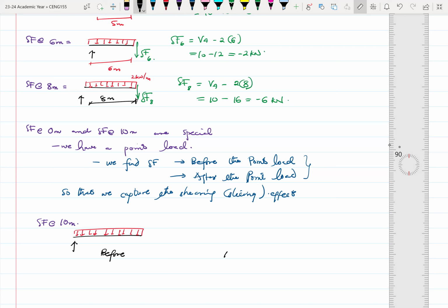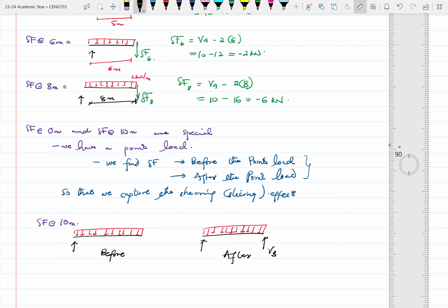Then case 2, which is after, we have the same thing with the UDL, and we show the VB.